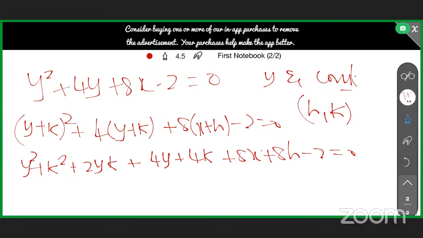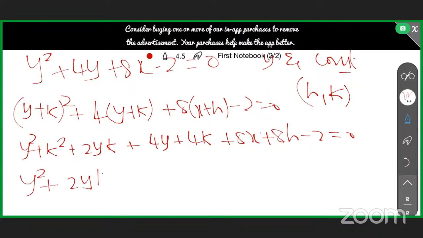Y square plus 2yk plus 4y plus 8x plus k square plus 4k plus 8h minus 2 is equal to 0.